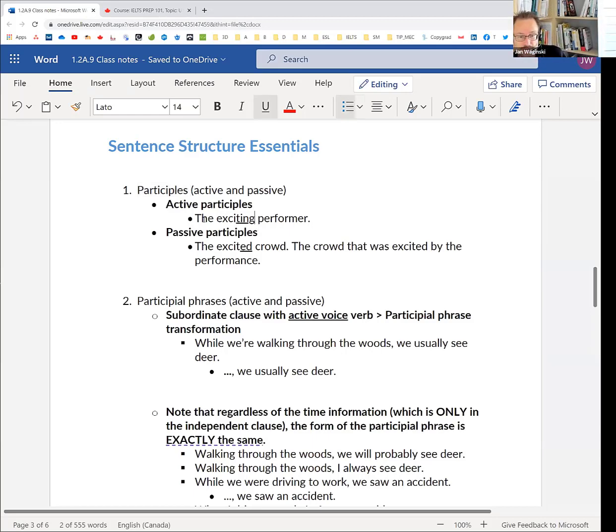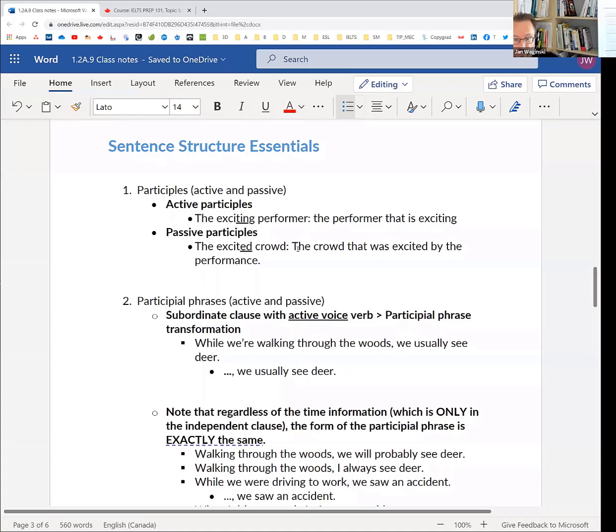But we have things like the exciting performer and the excited crowd. Okay. The reason this is active is if you change it to a relative clause, it takes this form.